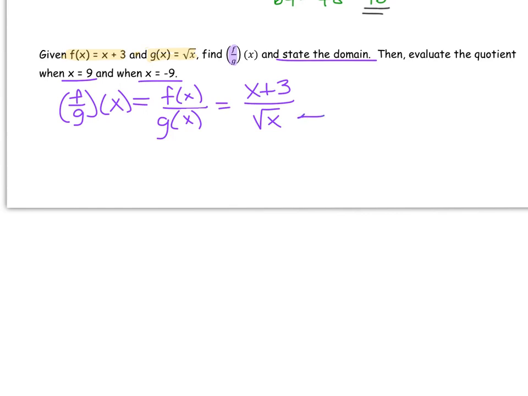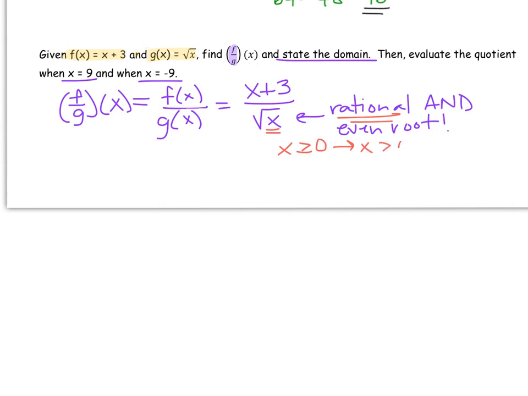But we have to take a look at the restriction that'll happen because of the denominator. Notice in the denominator we have a rational function and we have an even root. So there's going to be two parts when we figure out our restriction here. So in the denominator, we know that it can't equal 0. We also know that square roots can't be negative. So our radicand, which is x, has to be greater than or equal to 0, but because it can't equal 0 for the rational, we just say that it has to be greater than 0.